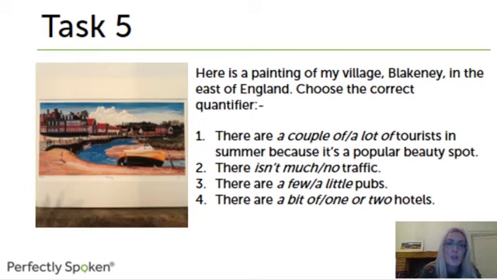Okay, choose the correct quantifier here. It's a multiple choice. You've got 2 to choose from. Choose the correct one. Okay, number 1. There are a couple of or a lot of tourists in summer because it's a popular beauty spot.